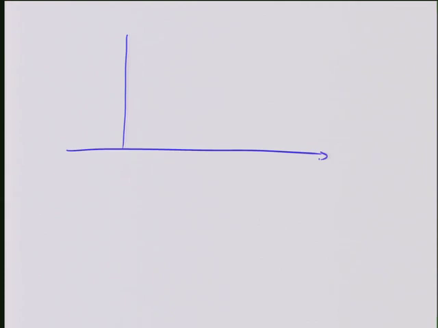We have these k-1 officials, right? Each of them knows the value of the polynomial at one of these points. So this one knows the value of the polynomial here, that one knows it, that one knows that one knows that. Okay? So we have k-1 officials.